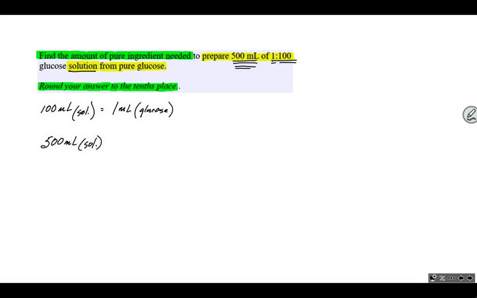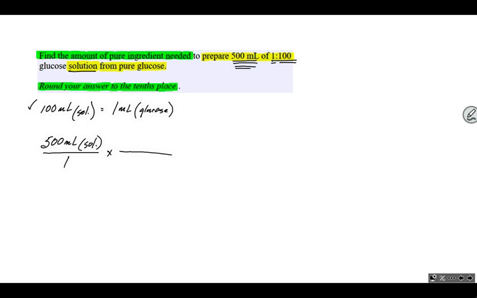And because we are going to be multiplying fractions here from left to right, we can put that over 1 to make that an improper fraction, make it easy to multiply. Multiply that by, in this case, a fraction which represents this conversion factor here. We have milliliters of solution and milliliters of glucose, and we want to set this up so that we can diagonally cancel units that are the same.